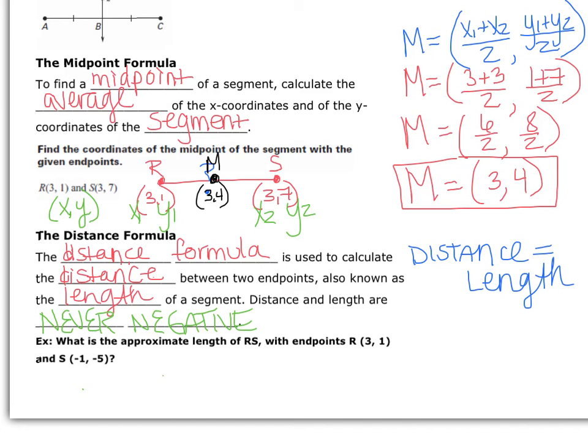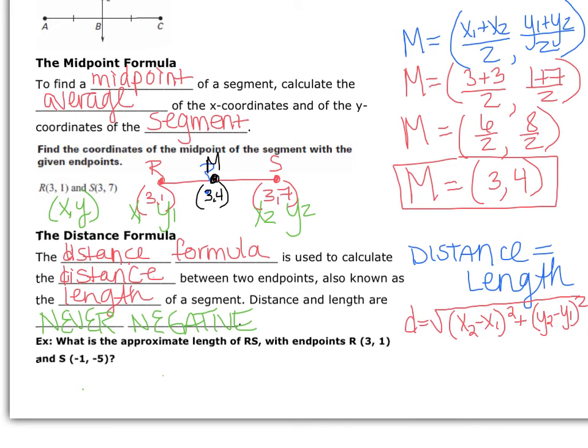This formula is a little crazy. So the distance formula is the square root of, and again, this is on your star chart, so you don't have to memorize this. It's x2 minus x1 squared plus y2 minus y1 squared.